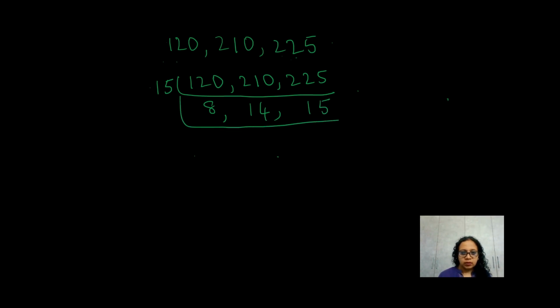Now, are there any other common factors between these three numbers? 8 and 14 have a common factor as 2. Now, these three numbers do not have any common factor. So, your LCM is 15 into 2 into 4 into 7 into 15.